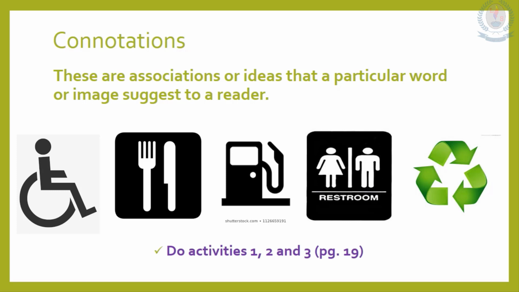What is it for? It's a man in a wheelchair, right? So that means this area is for disabled people or differently abled people, right? Second picture. Where have you seen this?